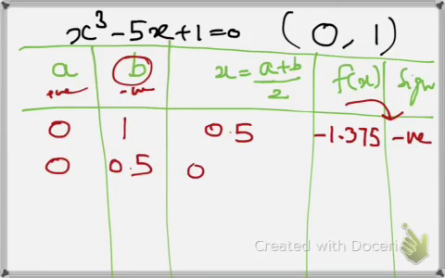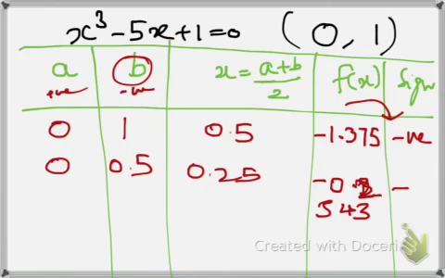Now the average is 0.25, and when x value is 0.25, the value of f is minus 0.2343, which is again negative. So now the root lies between 0 and 0.25.